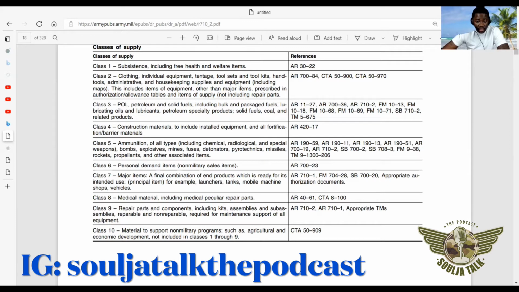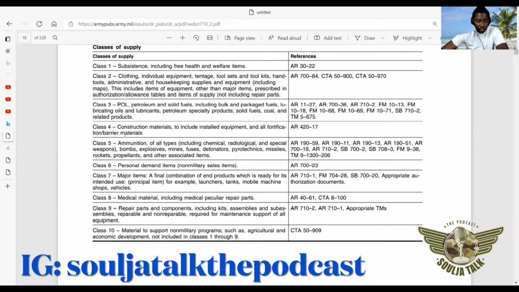This includes items of equipment other than major items prescribed in authorization and allowance tables, and items of supply not including repair parts. You can find class 2 in AR 700-84, CTA 50-900, and also CTA 50-970.